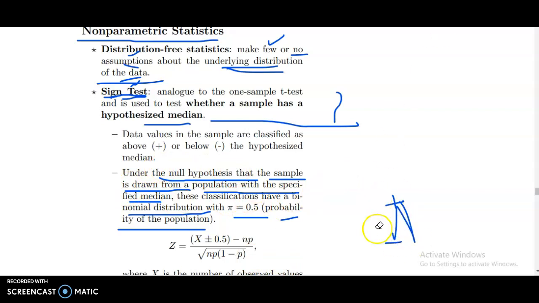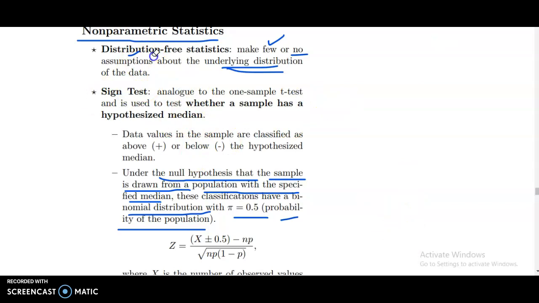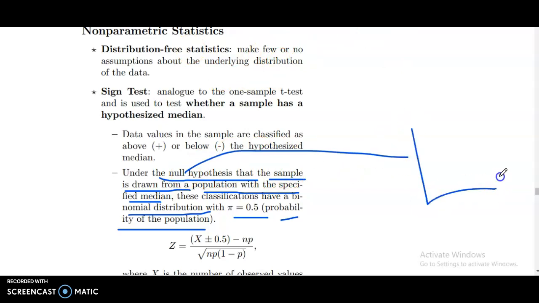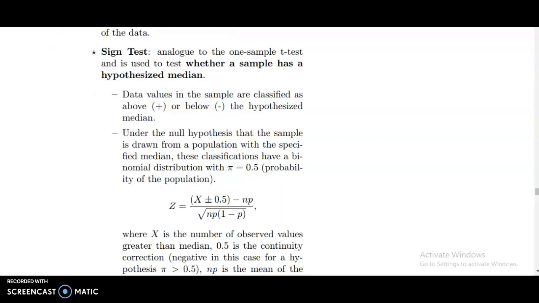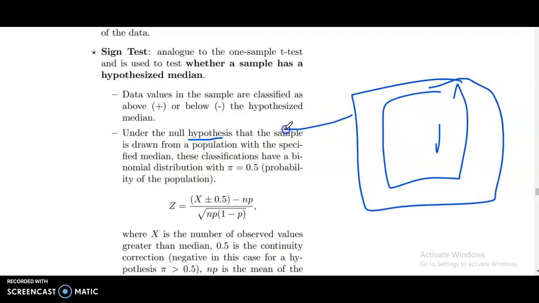Under the null hypothesis that the sample is drawn from the population with the specified median, this classification has a binomial distribution with pi equal to 0.5.